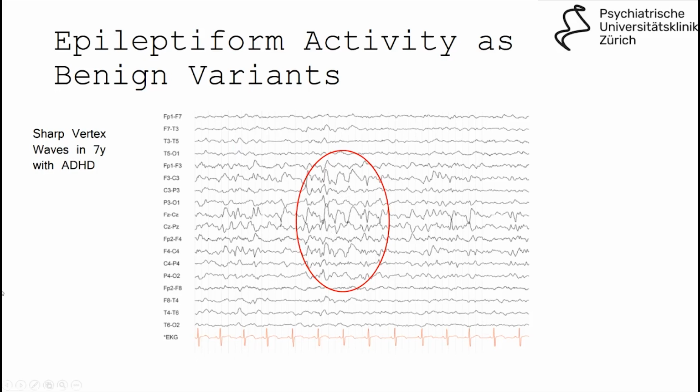You see the background activity before and afterwards, and you clearly see that those sharp vertex waves stand out. The name vertex waves also indicates where you can find them, and this is the vertex. This is the highest point when you are standing tall, the point where you measure the height. There you find those patterns in their highest amplitude, regardless of which montage you choose.